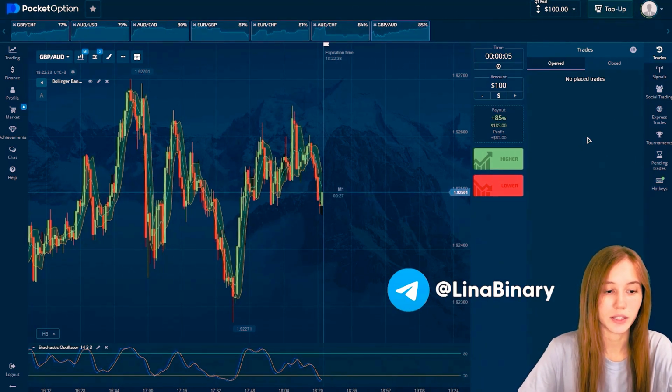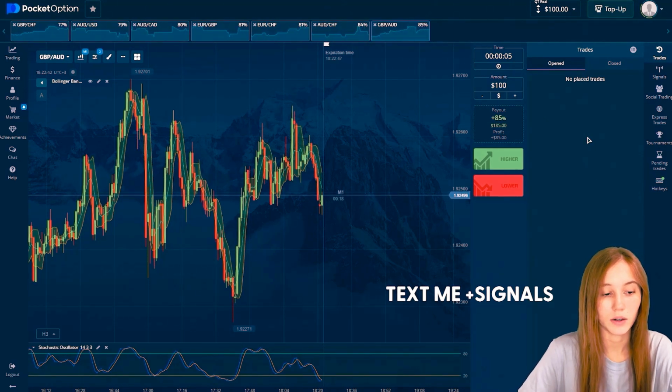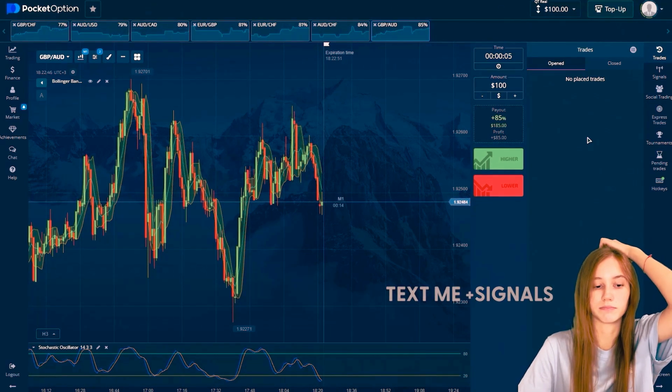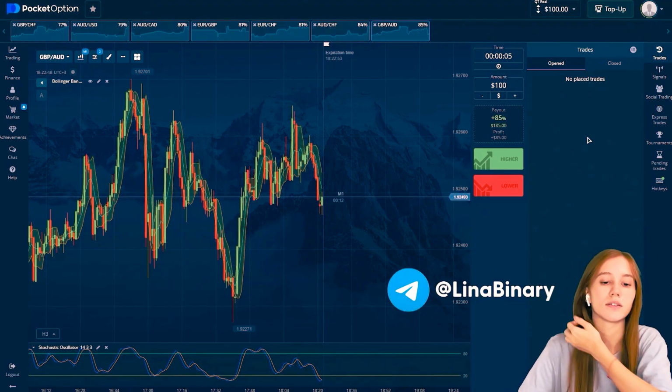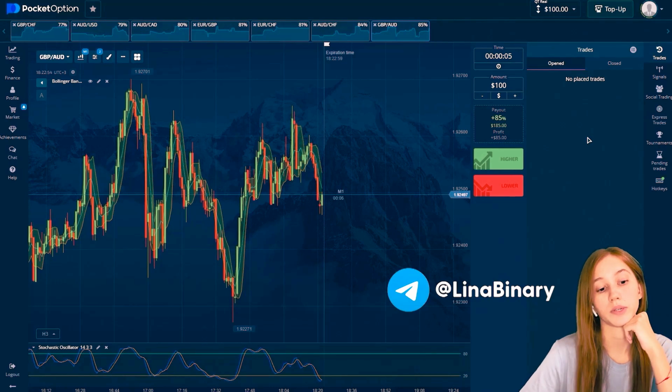So today we'll trade on Forex. 9 currency pairs for today. We will trade them. Now it's 7, I think, and then it will be 8, 9.